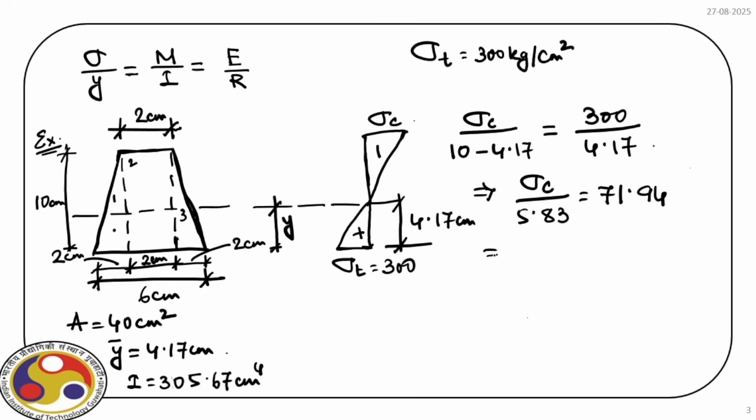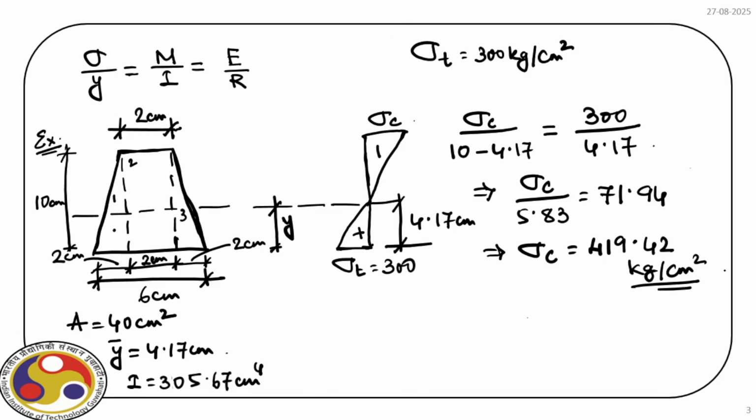That means sigma C is equal to 5.83 times 71.94, and that is 419.42 kg per centimeter square.